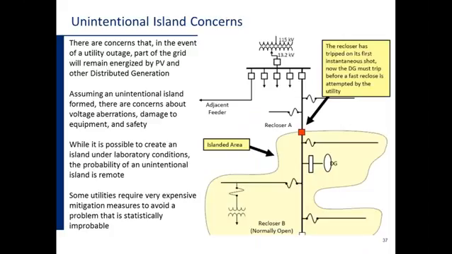The next slide talks a bit more about this whole unintentional island issue, and while I won't dig into this too deeply, the concern is that if the utility power goes away, there's a potential for a large PV system, or perhaps a whole neighborhood, to continue to run on and create a situation where maybe the voltage gets out of range or there would be safety concerns.